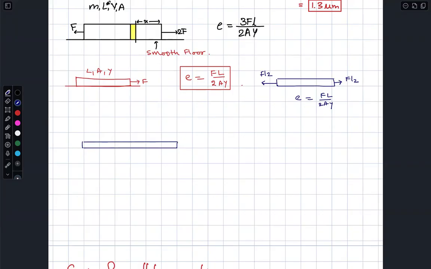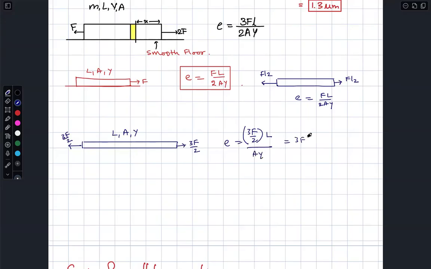Now, I'll take up this entire situation as 3F by 2, 3F by 2, length L, cross-sectional area A, Young's modulus Y. Yes, E is simply 3F by 2 times L by AY.